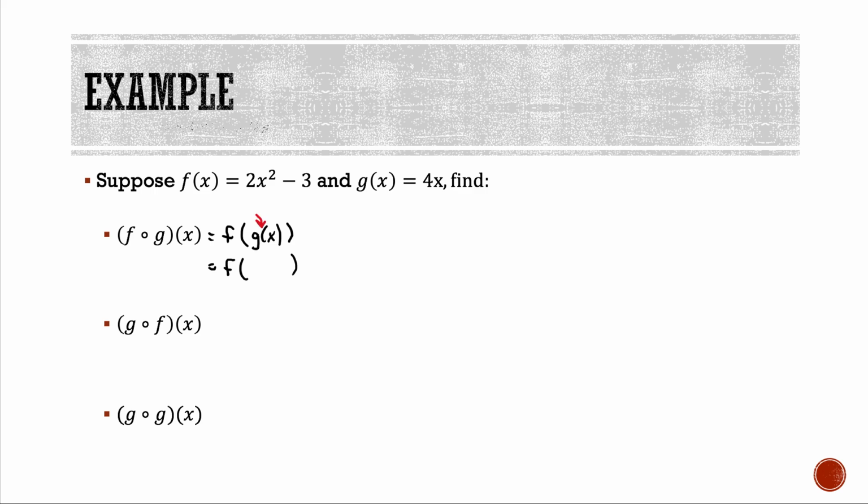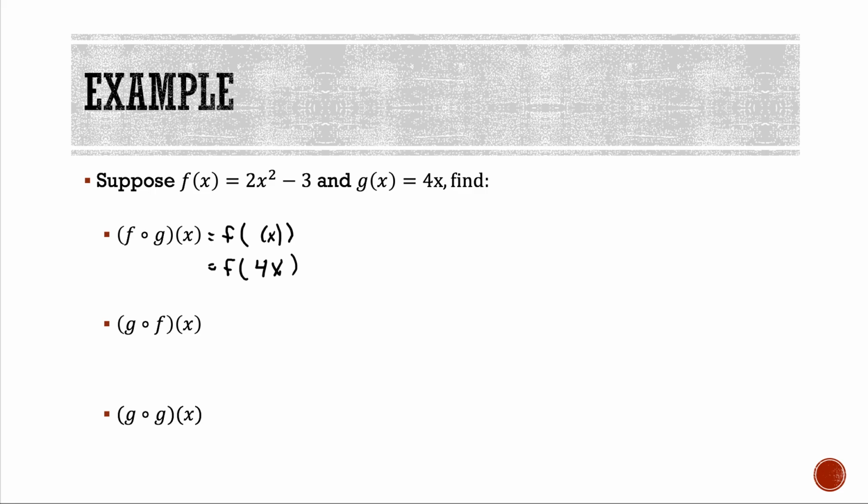So you're going to ask yourself, g of x is equal to what? And you're going to put it inside that parenthesis. So we know that g of x is the same thing as 4x. So inside this parenthesis, instead of writing g of x, I'm going to now write 4x. And that's going to take care of the first substitution that I need to do.